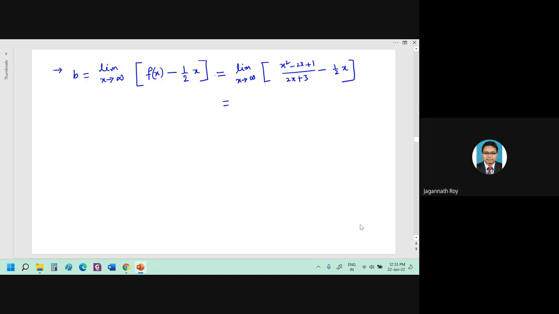If you just do this simplification, then you will get limit x goes to infinity of (minus 7x plus 2) divided by 2 times (2x plus 3). So again, you will get the limit as minus 7 by 2.